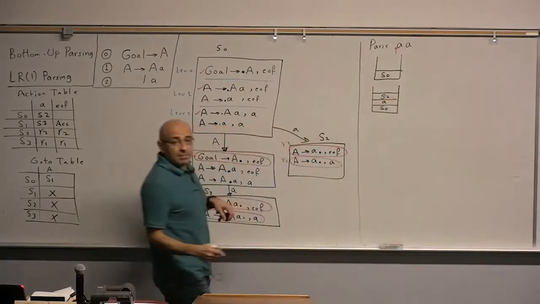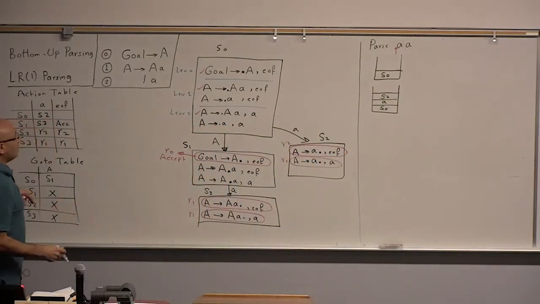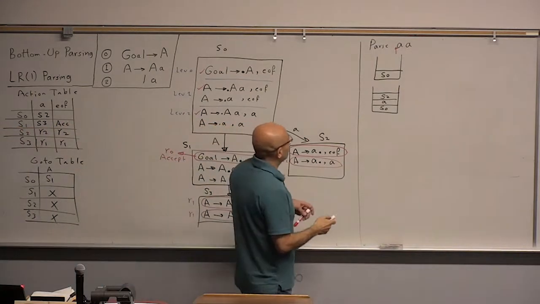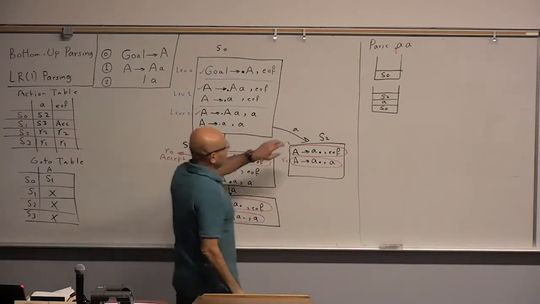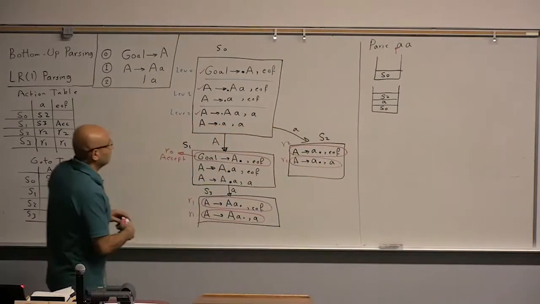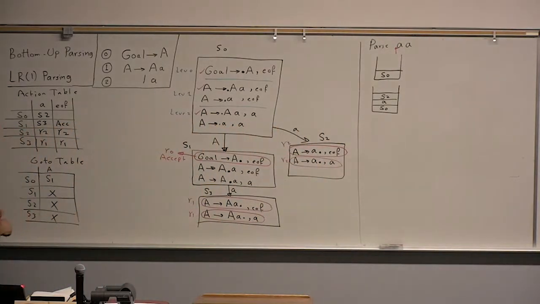OK, now I'm in state number 2, and my look ahead is an A. Now what should I do if I am in state number 2 and my look ahead is an A? Reduce by rule 2.